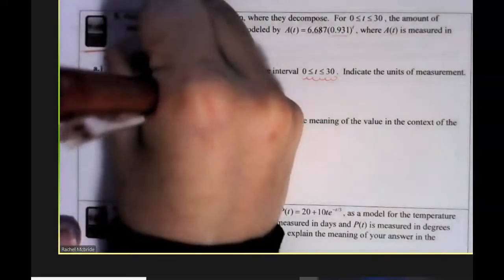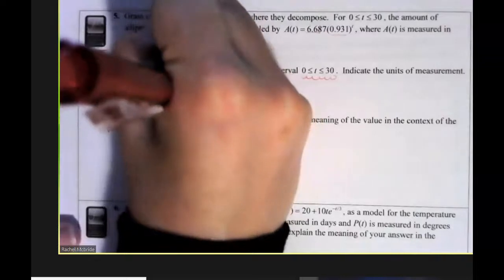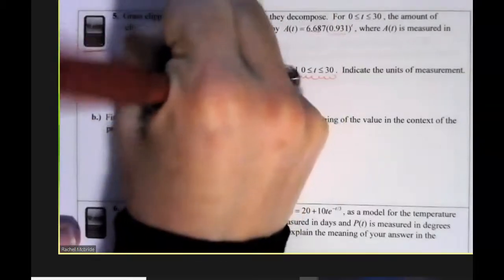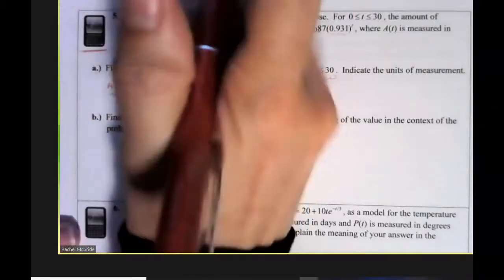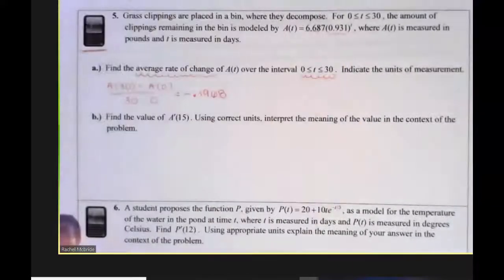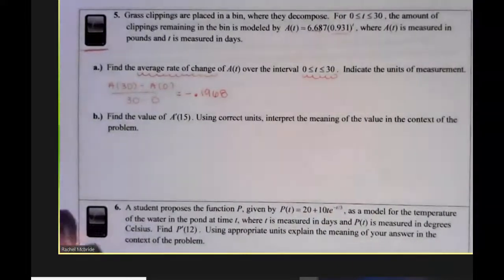So you'd plug that in on your calculator and you get negative 0.196, and I kind of like to write an extra decimal, 8.